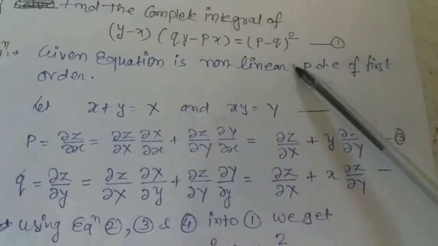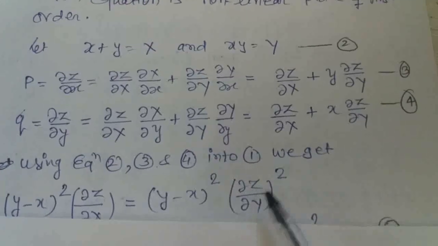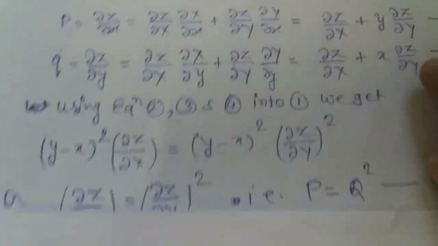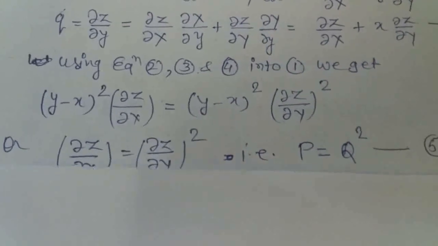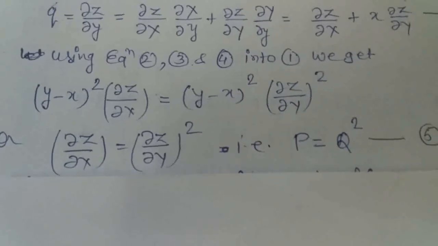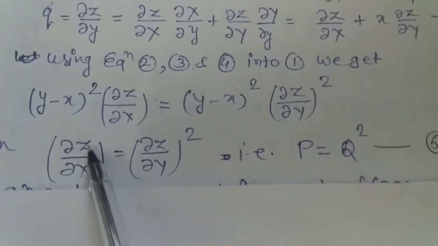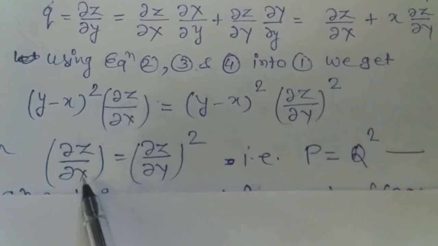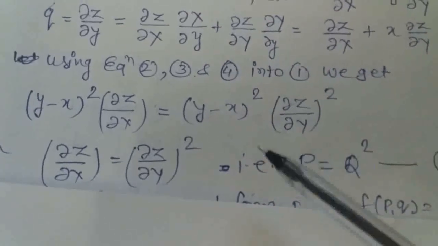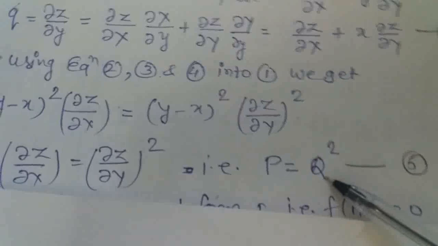So p minus q whole square is y minus x whole square del z by del y whole square. So this cancels. Finally we get del z by del x equal to del z by del y whole square. Denoting the two partial derivatives del z by del capital X by capital P and del z by del capital Y by capital Q, we get P equal to Q square.